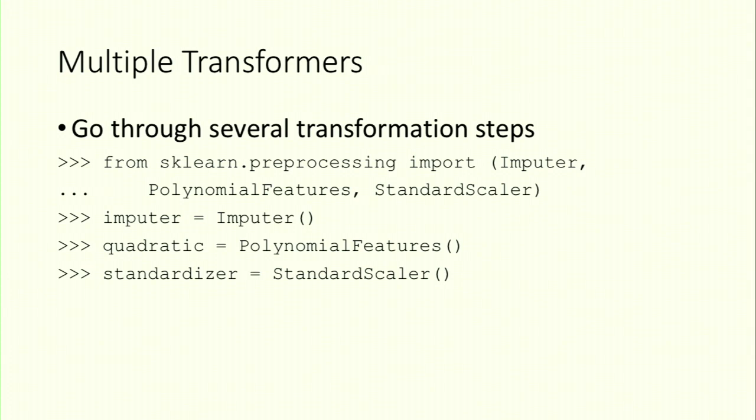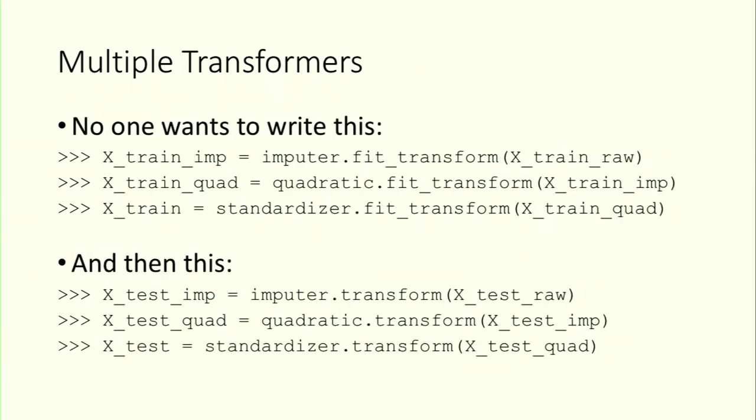And then finally, the standard scaler at the end. Well, by the time you've added three different transformers, it can get a bit clunky. What if we had to put all these intermediate data sets through the transformers? Then we have to remember the order to apply them to the test data. This would be a pain.